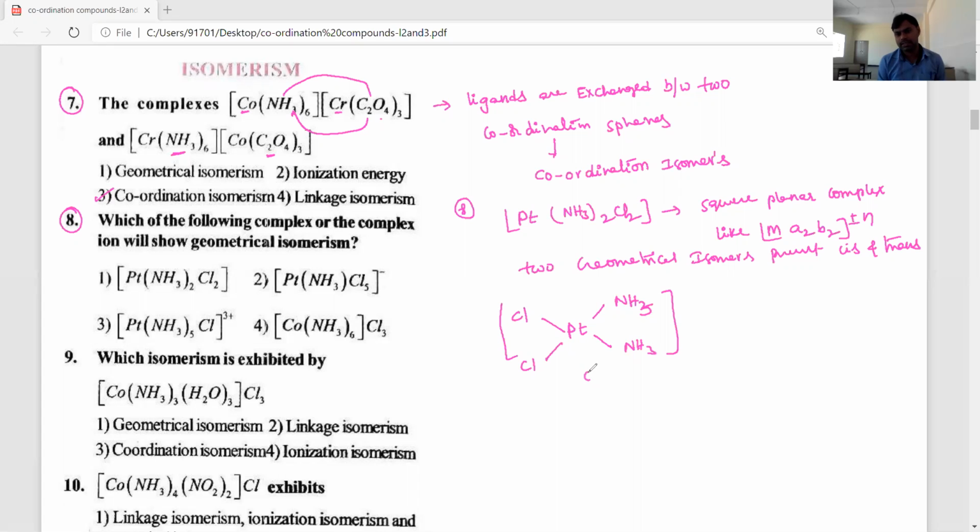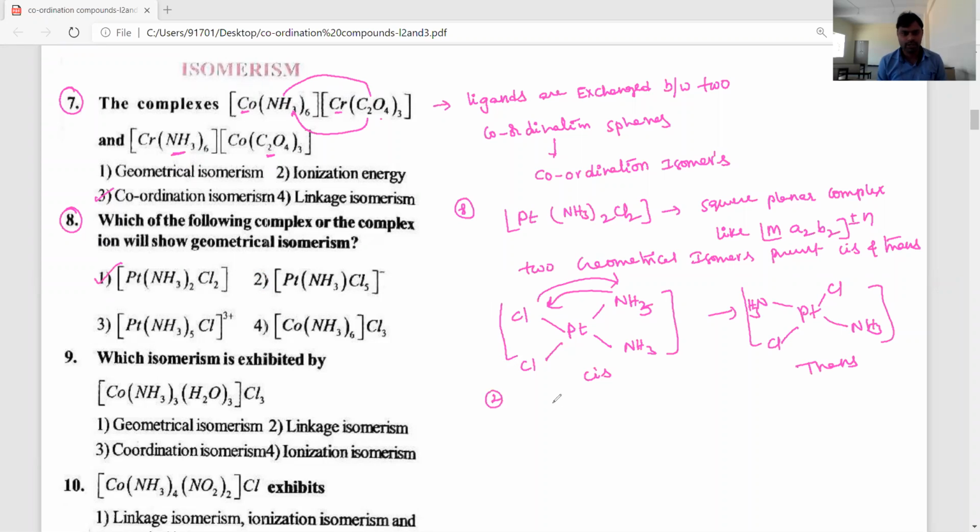It is cis because the chlorine atoms are on the same side. For trans, exchange the ligands from right to left and left to right, so chlorine and chlorine come opposite, and NH3 and NH3 come opposite. Now it is trans. So the answer is the first option.